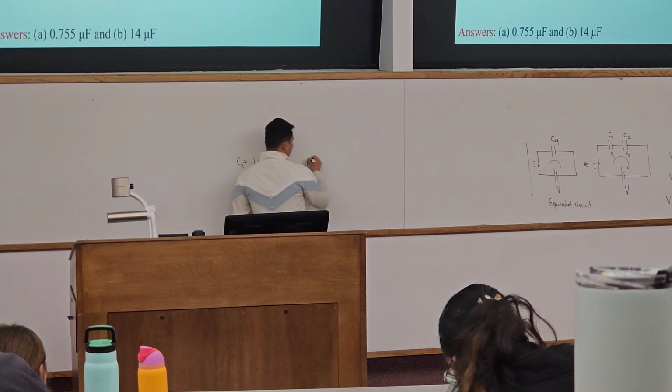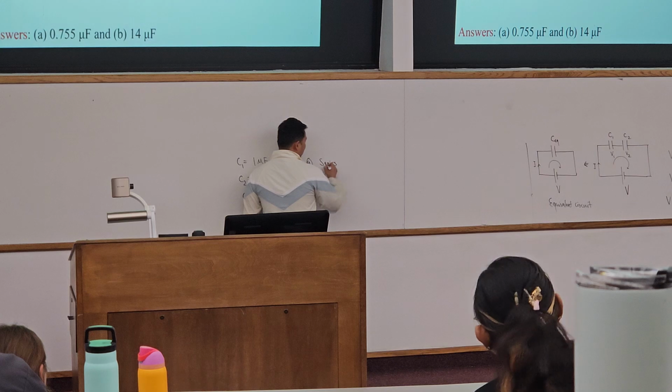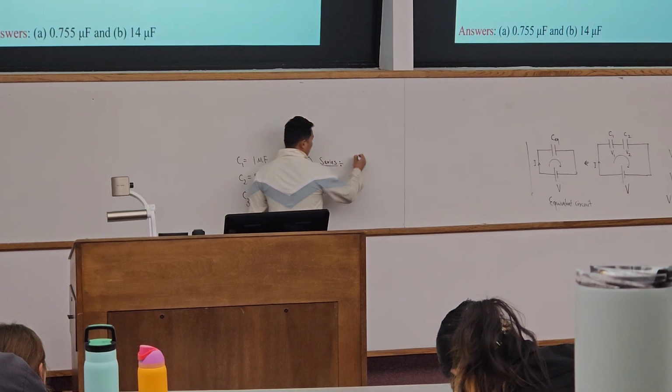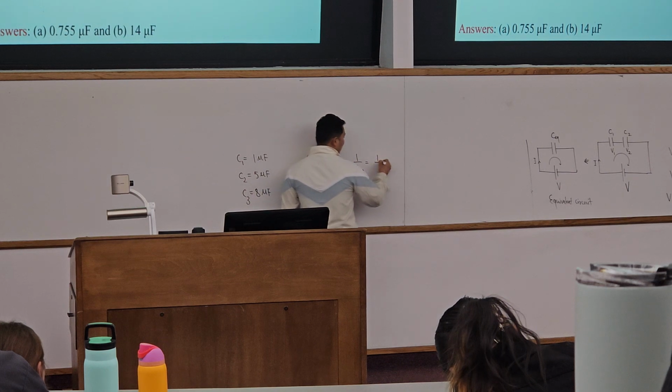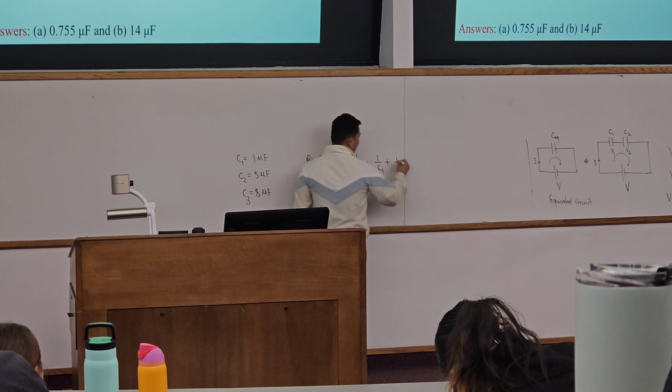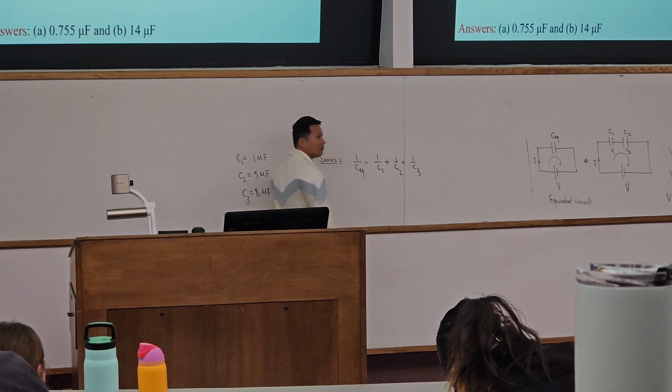For a series, I just put 1 over C equivalent. It's 1 over C1 plus 1 over C2 plus 1 over C3. You have been given the C1, C2, and C3 values, right? Just plug them in.